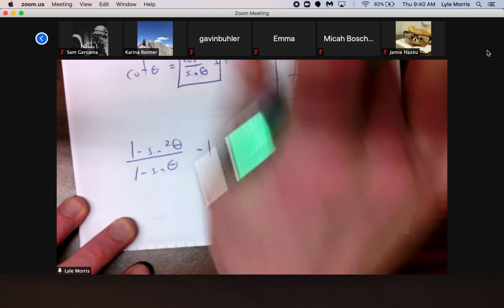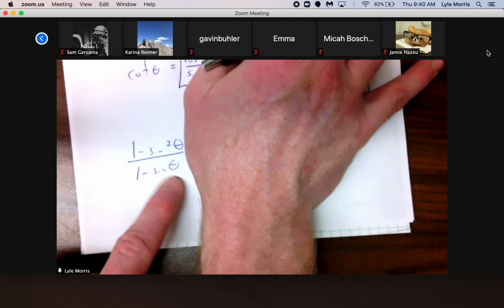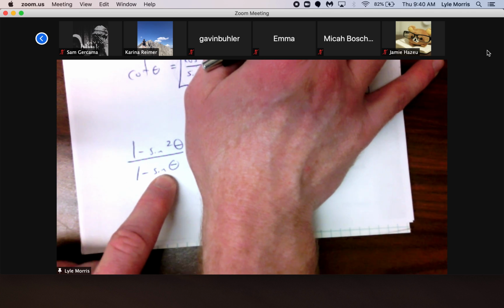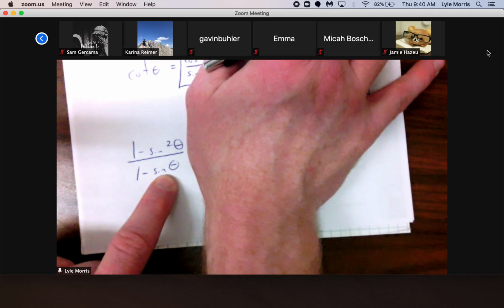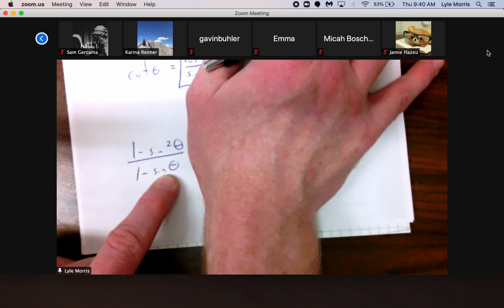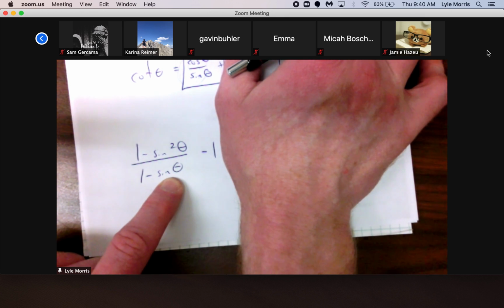Sine of theta is not a fraction. Ignore all of that. Focus on this. Sine of theta cannot equal 1. 1 minus 1 is 0. That's your problem. So the only place is 90 degrees, or pi over 2. That's the only one that's non-permissible for this. Okay, does that make sense? Yes.